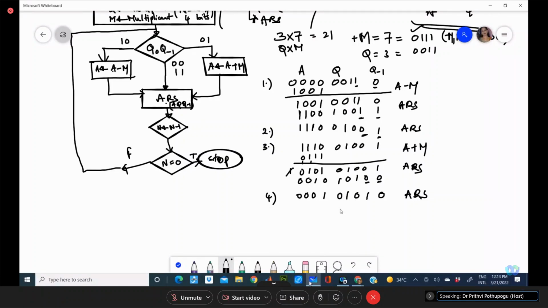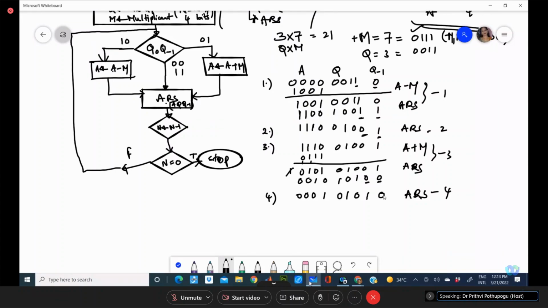Now, how many iterations are complete? See here, this is first iteration, second iteration, 1, 2, 3, and this is 4. 4 bit, now that becomes 0. Every time we have to decrement this by 1. Now, the total if you take should be 21.